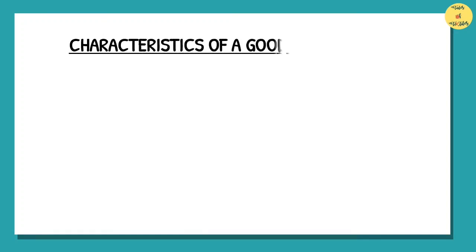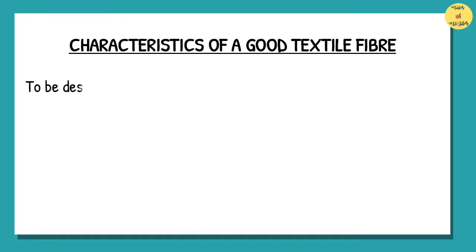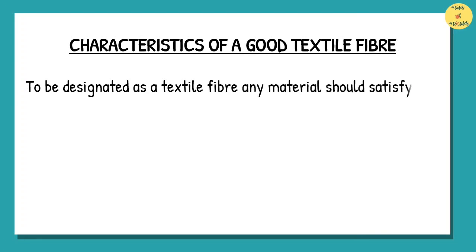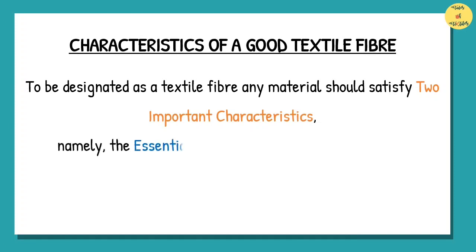Characteristics of a good textile fiber. To be designated as a textile fiber, any material should satisfy two important characteristics, namely, the essential or the primary properties and the desirable or the secondary properties.